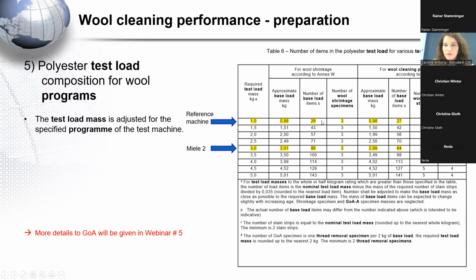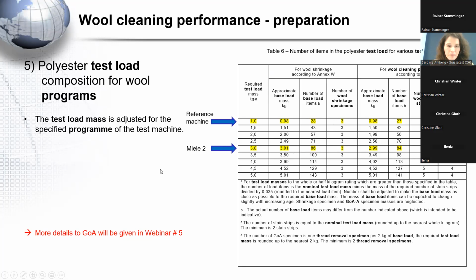And you see here also the amount of base load items and the amount of wool stain strips and thread removal specimens. And for the Miele machine, you will need 3 kilogram of test load mass with the base load items described here and the number of wool stain strips described here.